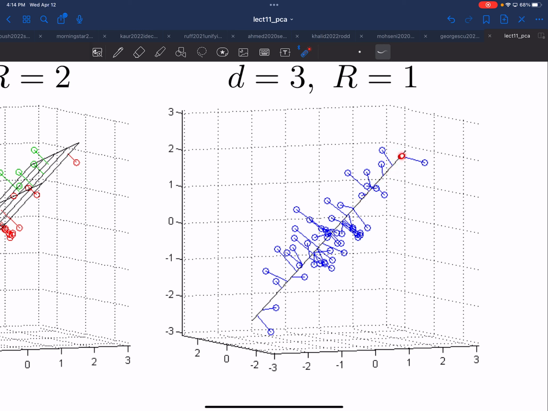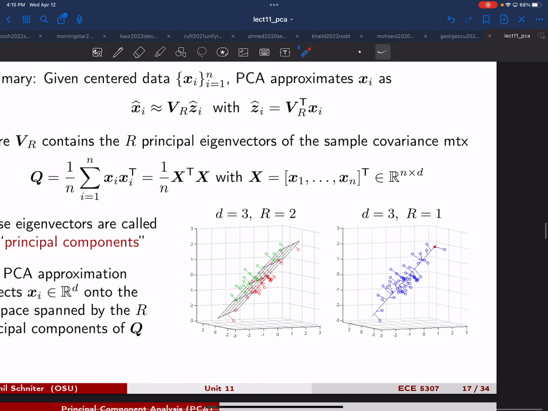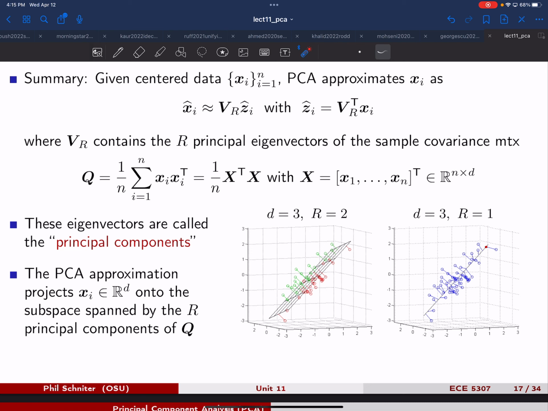That same red point I can describe in this 3-dimensional coordinate system, and there we call this x hat i. So it's x hat i in 3D, or it's z hat i in this 1D. Okay, so both are descriptions of this point. Is that kind of clear? The meanings of these 2 things? They're describing the same point, but they're just using different coordinate systems.